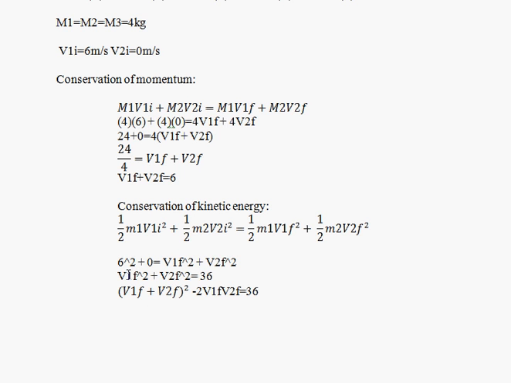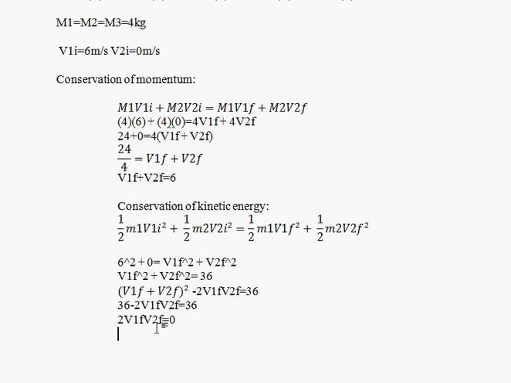You have to notice that this is equal to this, and we have here v1 final plus v2 final equals 6. We replace right here 6, we square, it's 36. 36 minus 2 v1 final times v2 final equals 36. Therefore 2 v1 final times v2 final equals 0. Therefore either v1 final or v2 final is 0, or both.